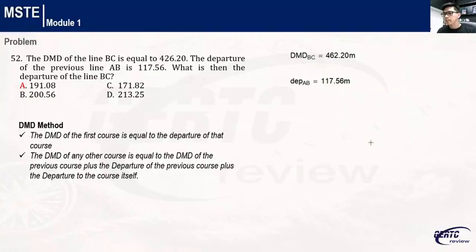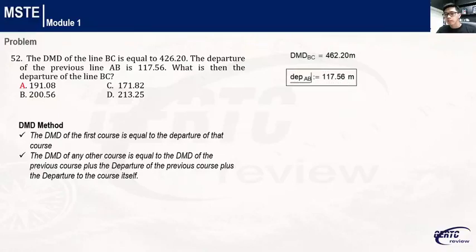Then the question here is what is the departure of line BC? So using this ating DMD method rule, DMD of the first course is equal to the departure of that course, no?